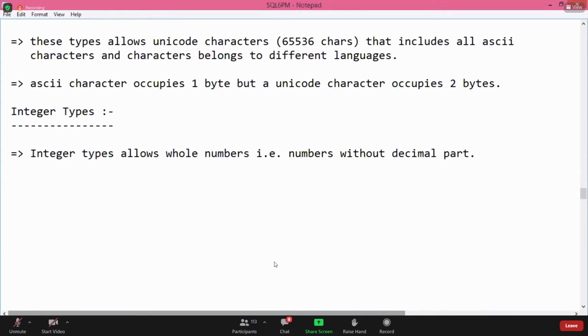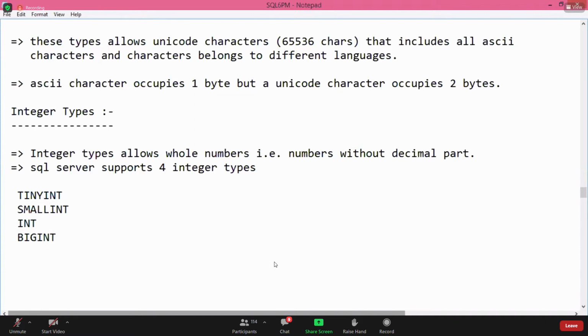SQL Server supports 4 integer types. What are those? Tinyint, smallint, int, and bigint.